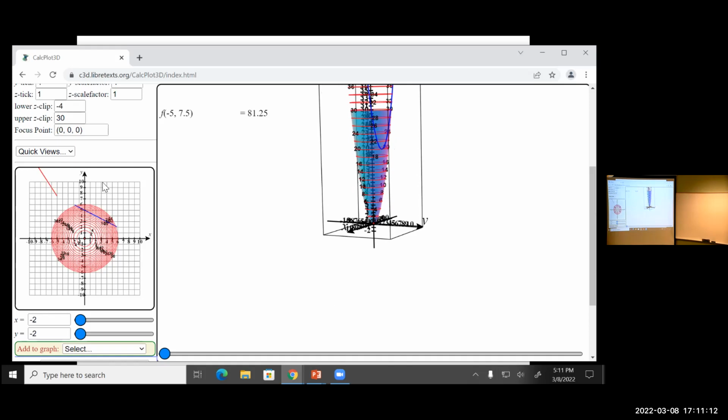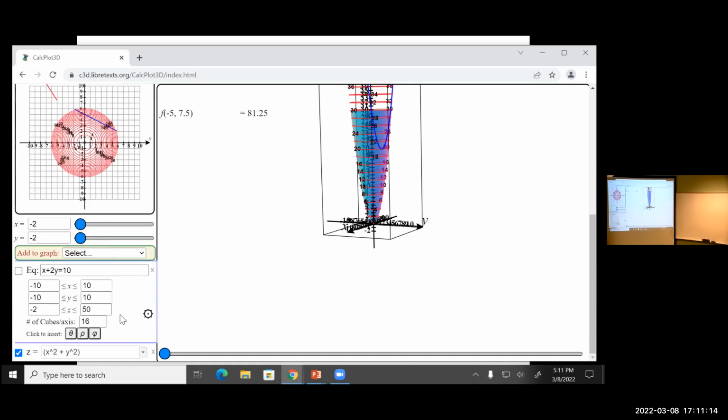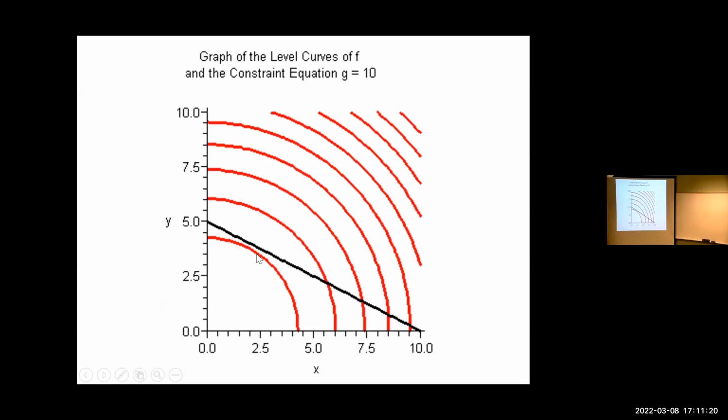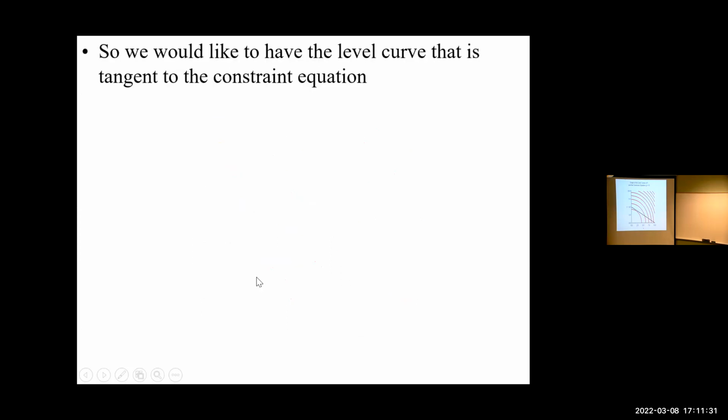So we're going to use that idea we just talked about to do this method of Lagrange multipliers, which is this idea of we're going to look for the point where the level curve and the constraint equation have the same normal vector. So let's talk about this. Then we'll generalize to Lagrange multipliers, and then we'll run Lagrange multipliers on this problem.